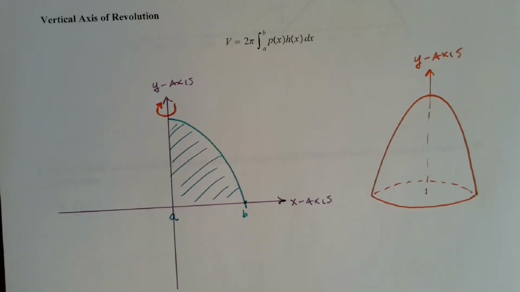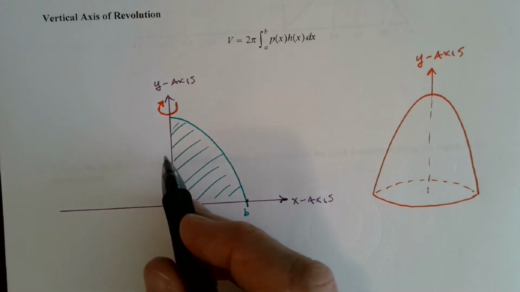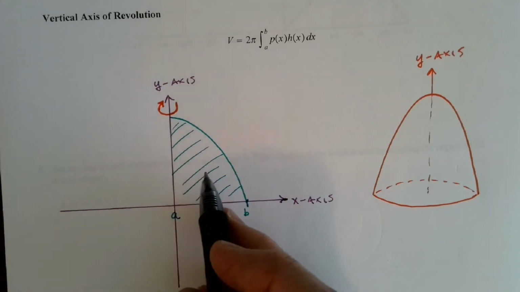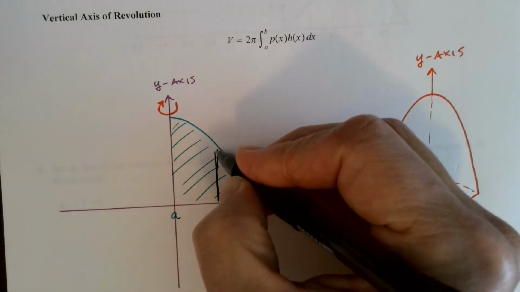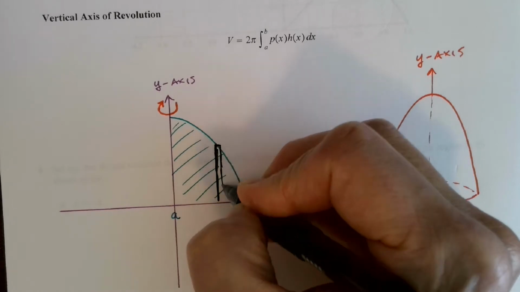So what we're going to do this time is, when we were doing the disk method, since we were rotating about the vertical axis, we would be integrating with respect to y, and we would have horizontal rectangles. For the shell method, we go ahead and stick with vertical rectangles.